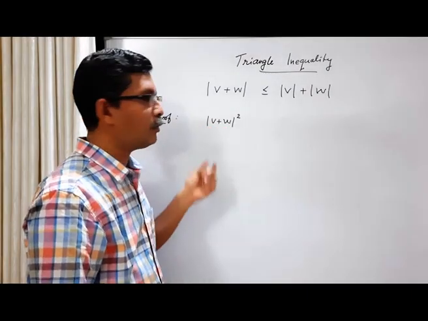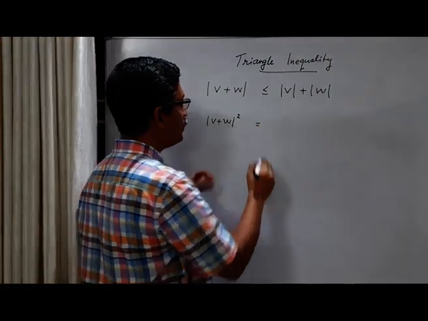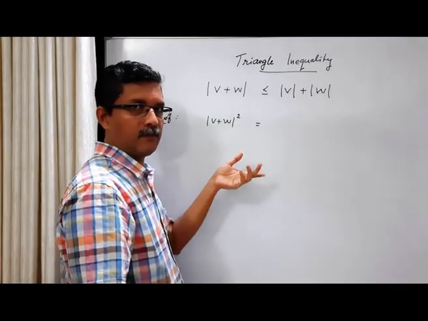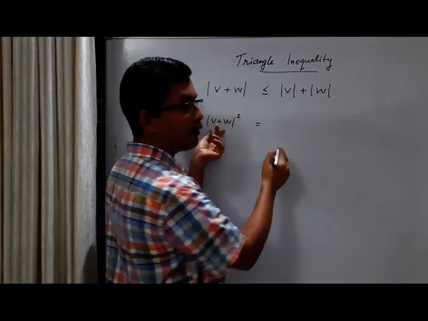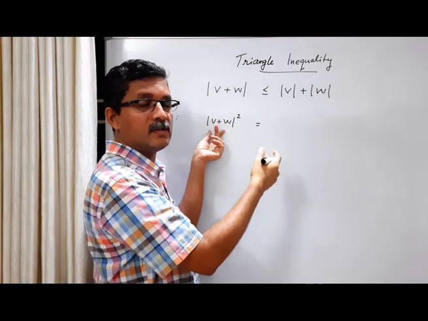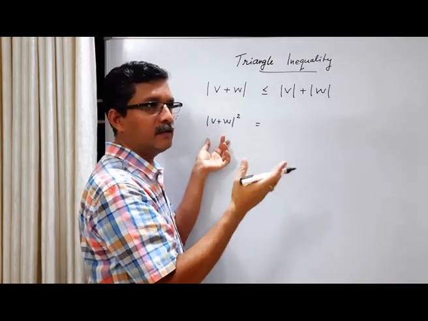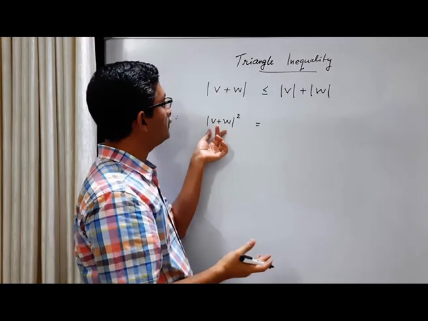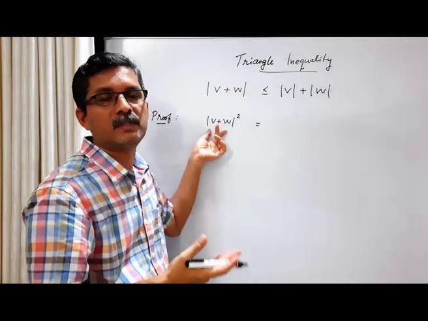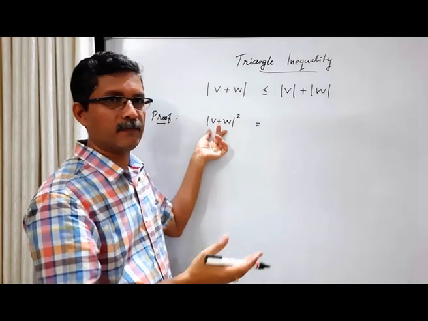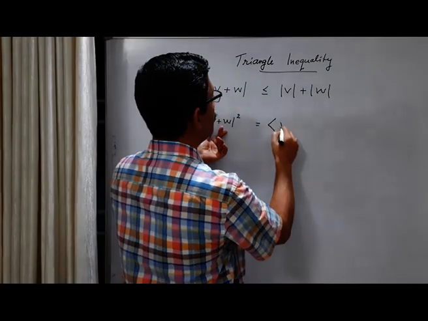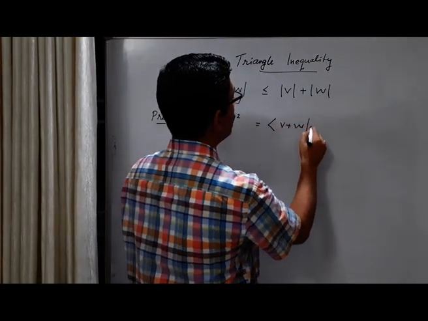So the square of the norm is equal to the inner product of this vector with itself. This vector is simply v plus w. Let's consider v plus w as a single vector, let us say z. Then this is mod z square. So what is mod z square? Inner product of z with itself. That is the inner product of v plus w with itself.